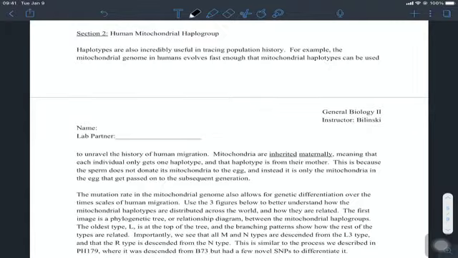Human populations have expanded drastically over the very recent past, something within the last, say, tens of thousands of years. Therefore, nuclear genome haplotypes may not be informative enough to accurately piece together human migration patterns.